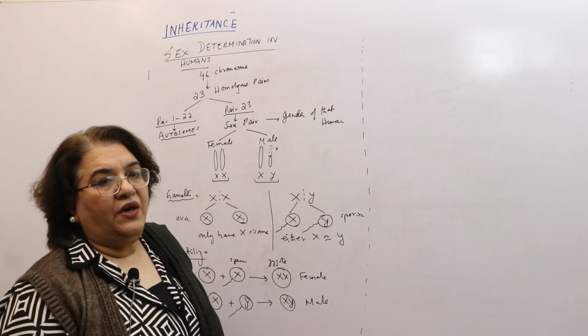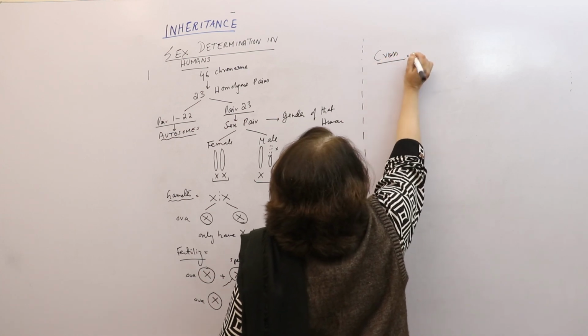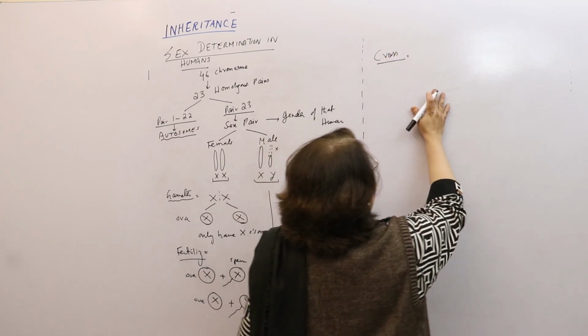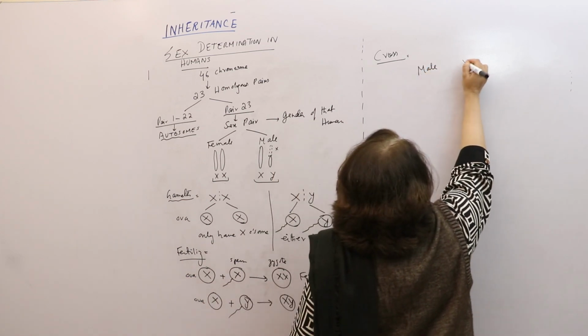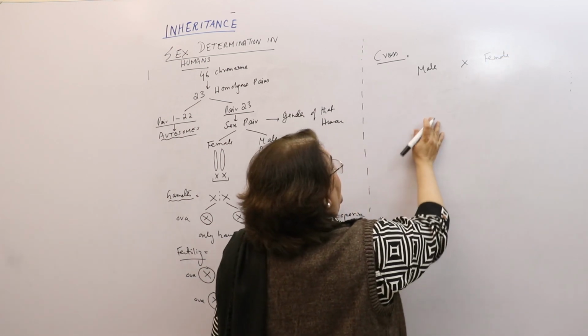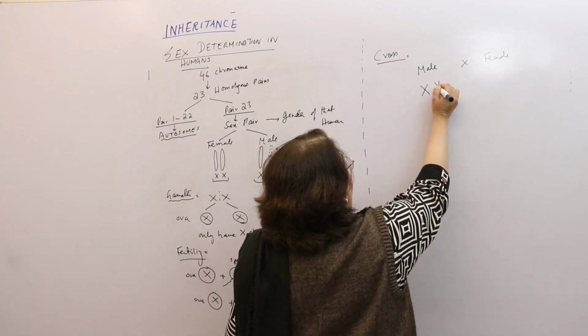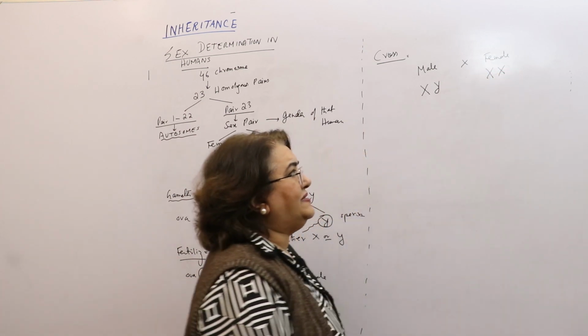Let's have a look at one of the crosses, so we can see how to write it down in a genetic cross. Let's start with the male, the father, and the female, the mother. The father has the combination XY and the mother has the combination XX.